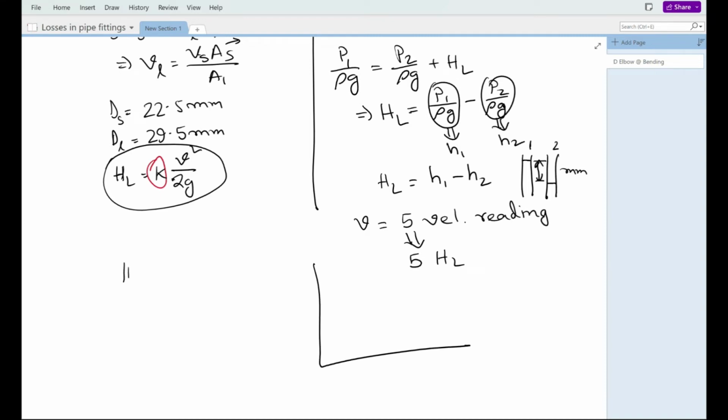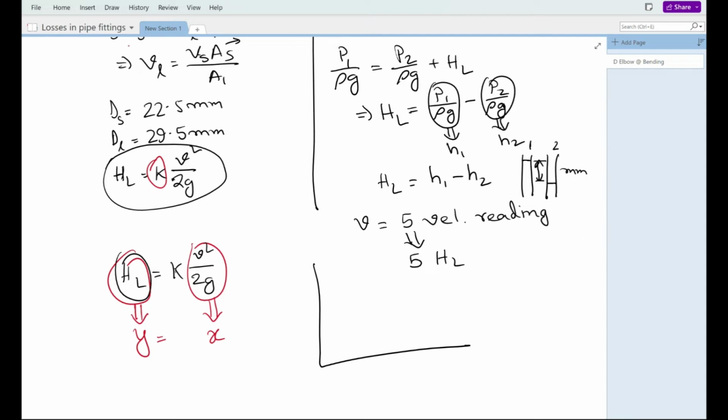So for expansion, our pipe was like this: the smaller pipe, and suddenly the pipe diameter increased, right? The flow direction was in this direction.